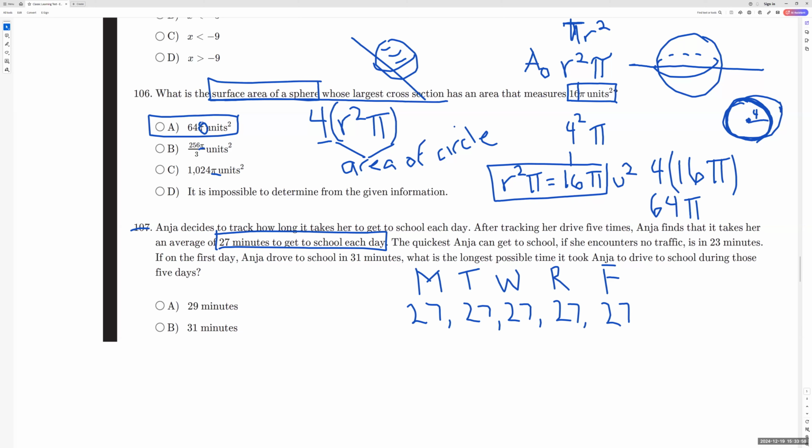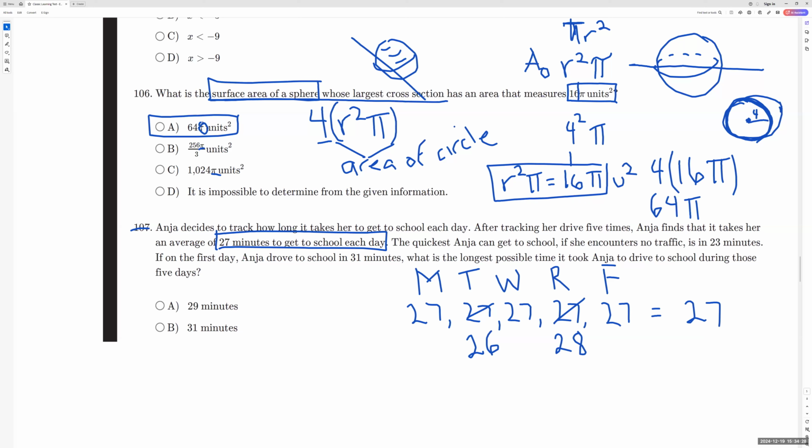Anyway, that means to keep the average 27, if one day we take a minute longer, we have to make up to keep the 27 balance, let's say with a 26. And if you add, the amount will be the same as 27 times 5, which I think we found out to be 135.